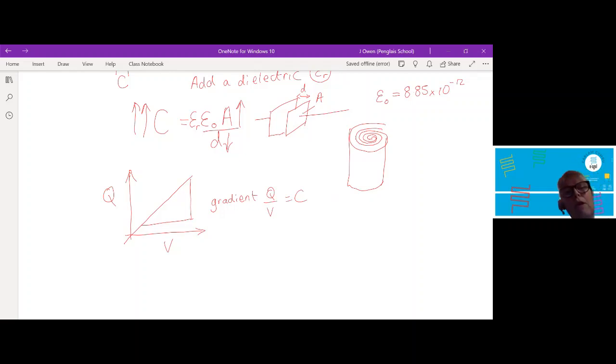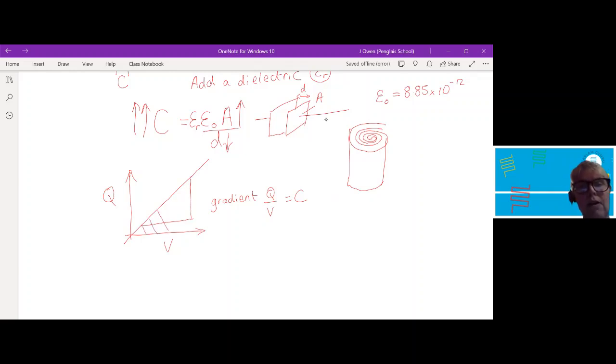Now, something else that we can do, and this is all good graph skills that can be applied to anything in physics: there are two things that we always look at for a graph, the gradient, which here gives us the capacitance, but we can also look at the area underneath the graph.